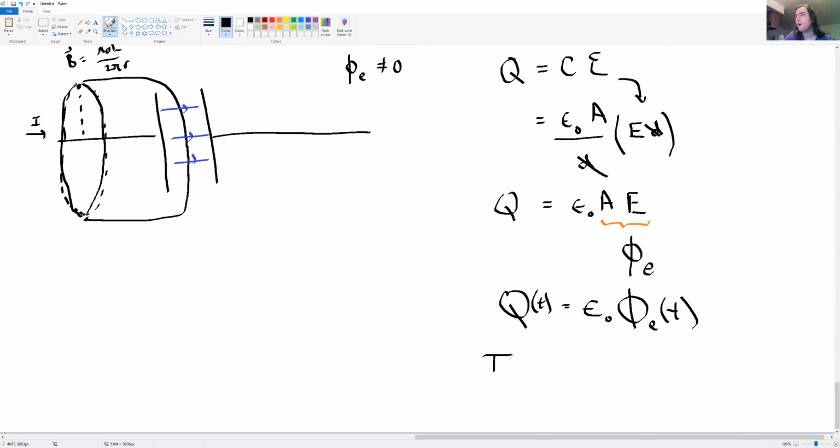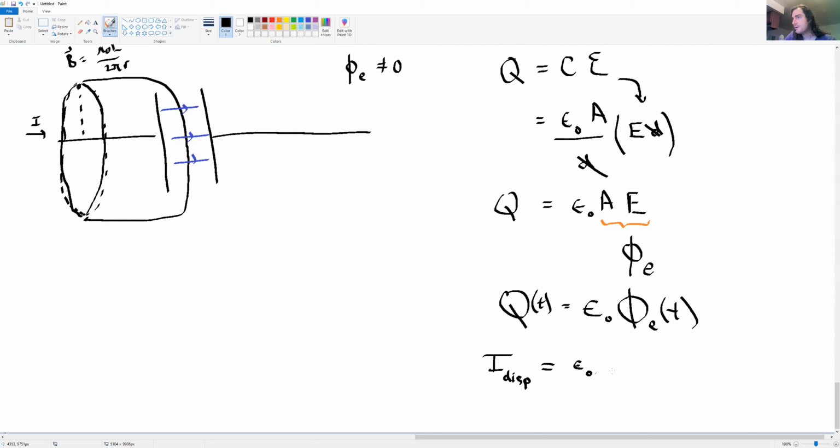I can then form what Maxwell called the displacement current. The displacement current is the quote unquote current flowing between the capacitor plates. Although there is no such thing as displacement current, it's really the electric field that is changing in between the plates.